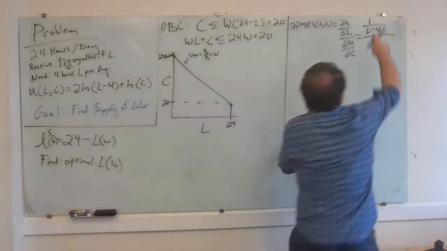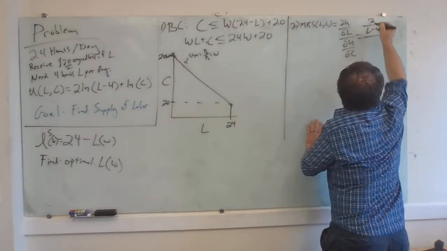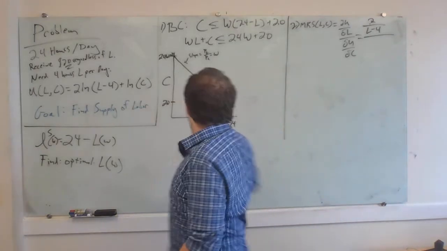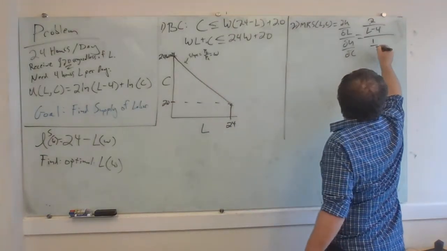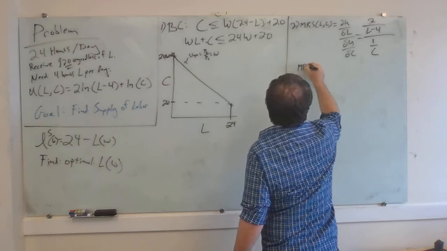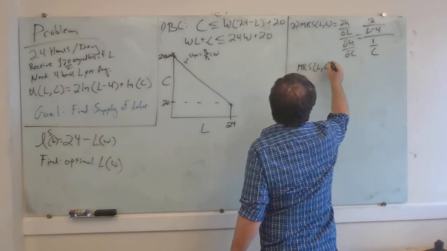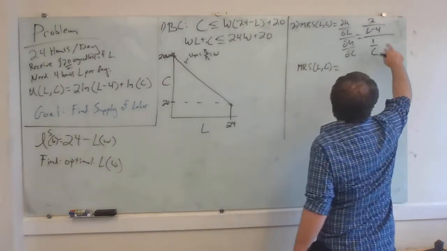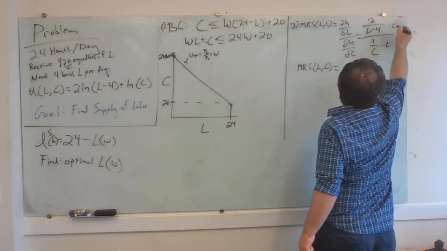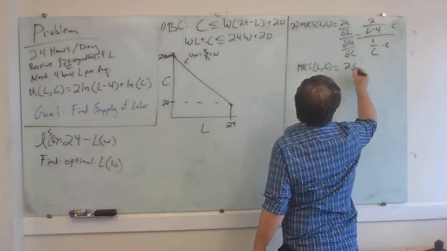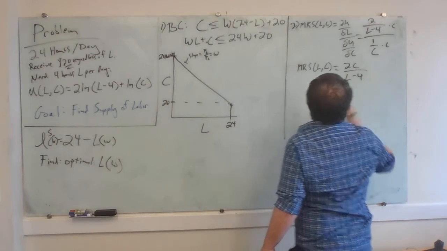So it's actually 2 over L minus 4. And then du dc is just going to be 1 over c. So therefore my MRS is going to be, if I multiply both things top and bottom by c, 2c over L minus 4. Beautiful.